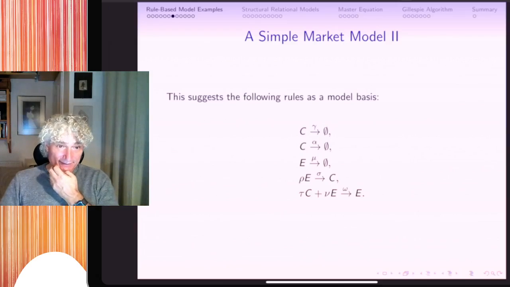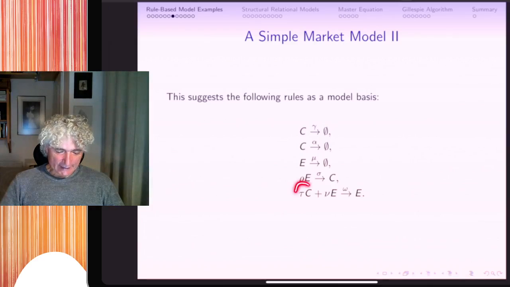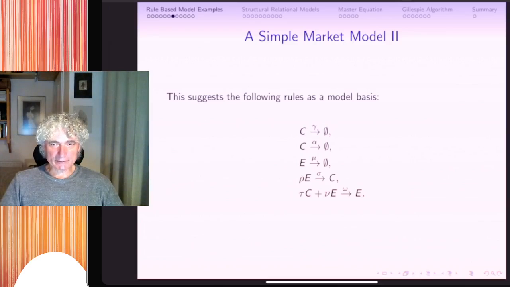And the other rule is even more interesting. So a certain fraction of the capital, so that tau, somehow you can think of it a little bit like innovation. So this is a kind of efficiency, how to use capital.